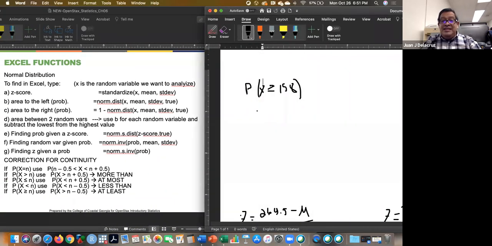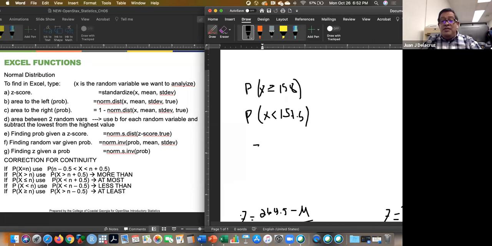So I'm going to compute the probability that X is greater than 157.5, because based on my table, I know that when I have greater than or equal to, which means at least, I have to subtract 0.5.